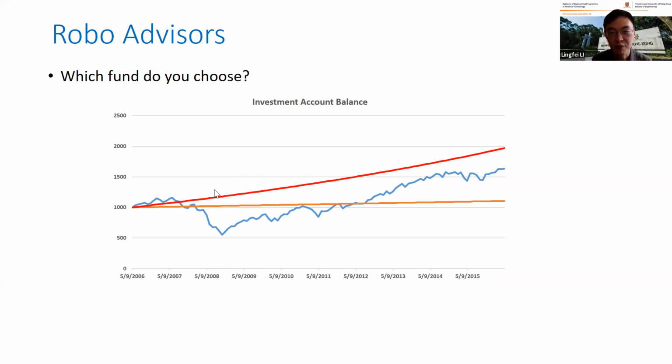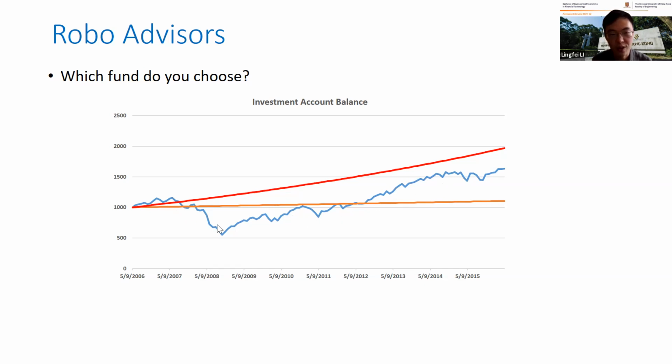In financial markets, if you want to have high return, there's also high risk. Risk is always associated with return. If you want to earn a high return, you must also face higher risk. You can compare the blue one and the orange one. On average, the blue one offers you a much higher return than the orange one per year.